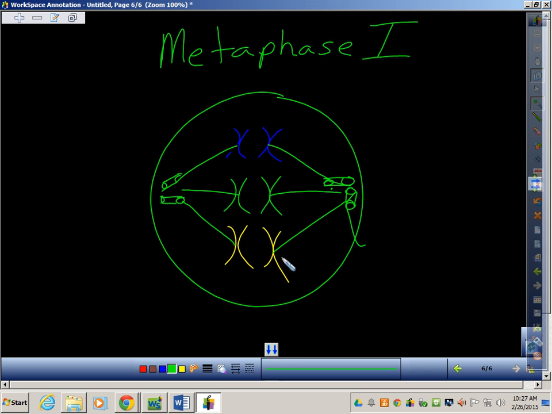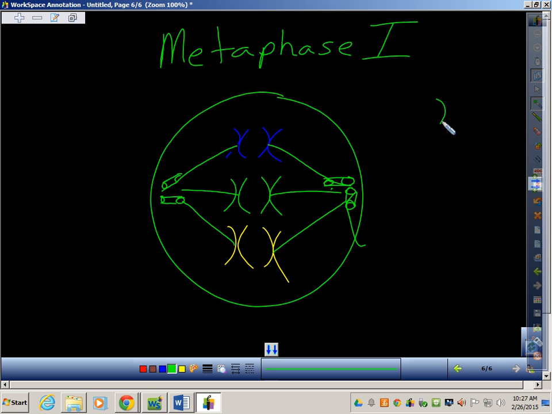Except you'll notice something. There's a left and a right side of that cell. Spindle fibers are coming in. Do I have spindle fibers from the right side connecting to the chromosome on the left? No. That's unique. Because of that, and because these two chromosomes are holding on to each other, they line up side by side, but not vertically.